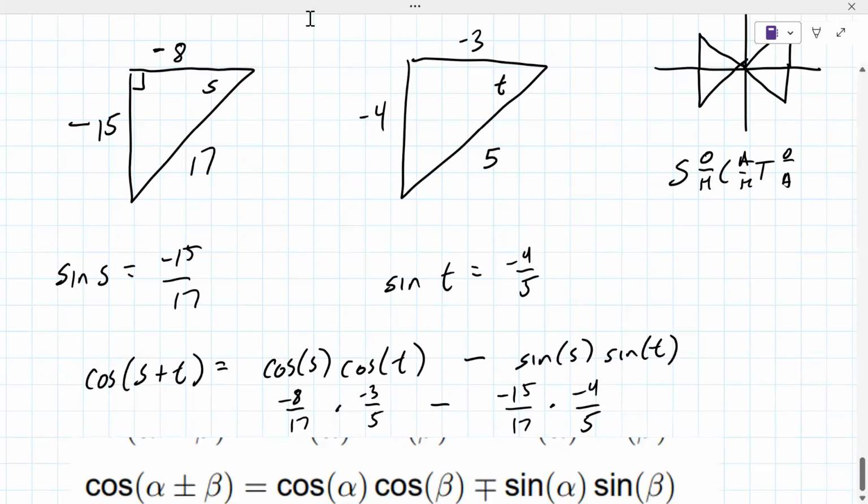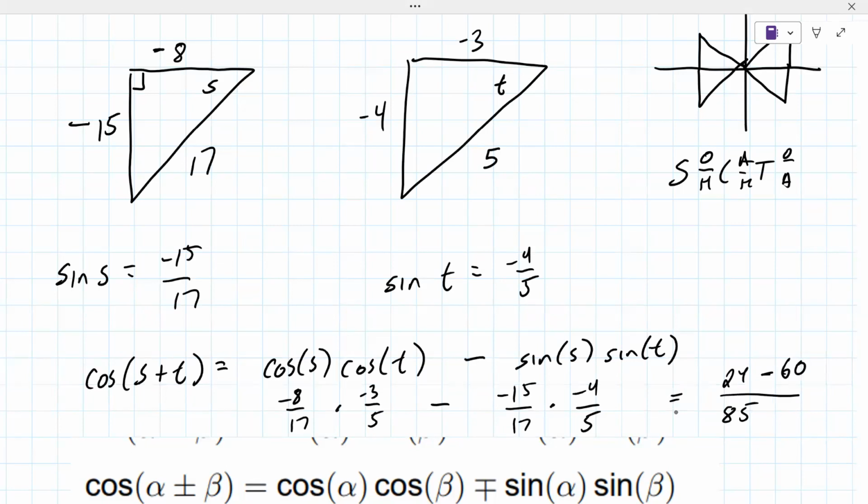Then you have to simplify. You're just putting those numbers into the formula. And then 24 over 85.